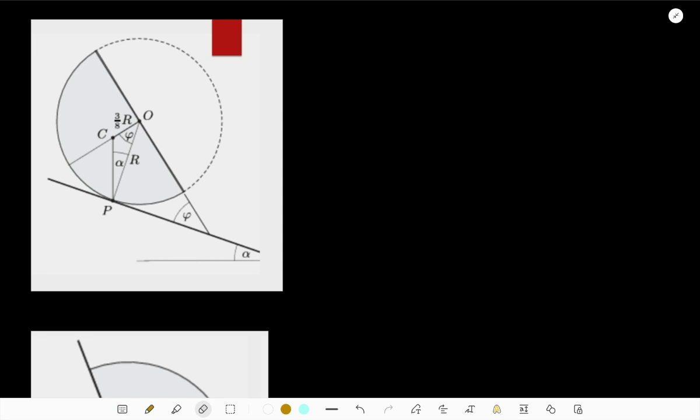So this is the picture on the screen. In the first condition, this should be like this.